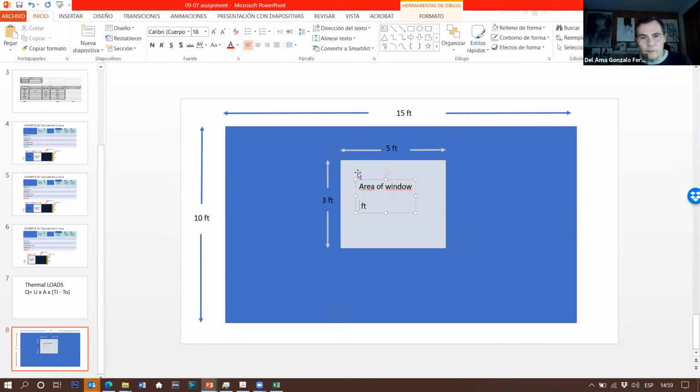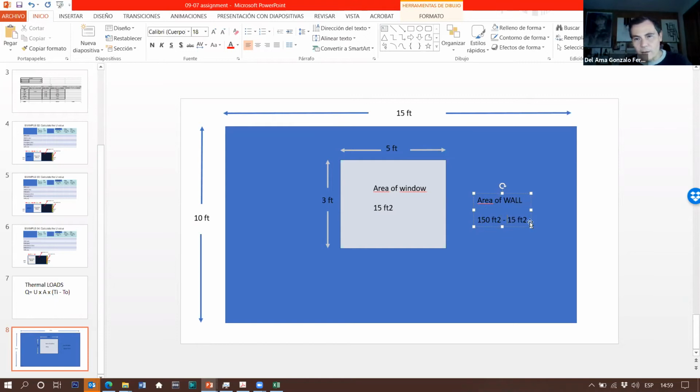What's the area of the window? It's 5 times 3, so this is 15 square feet. This is the area of the window. What is the area of the wall? The area of the wall is the total area, so it's 15 times 10, which is 150 square feet.